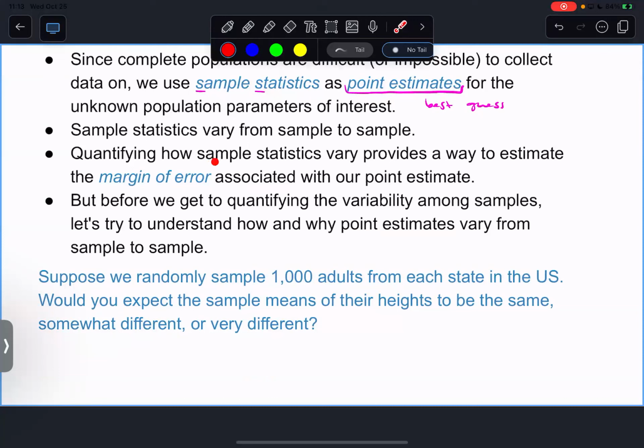Quantifying how sample statistics vary provides a way to estimate the margin of error. You've probably seen or heard margin of error somewhere along the way. A margin of error is kind of a buffer.